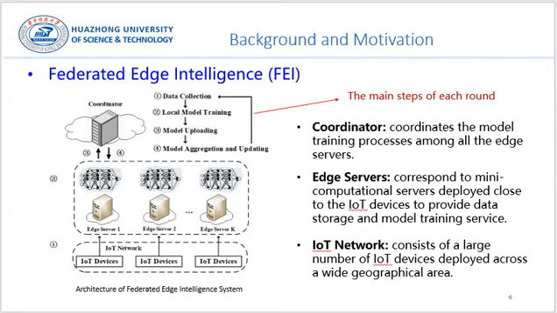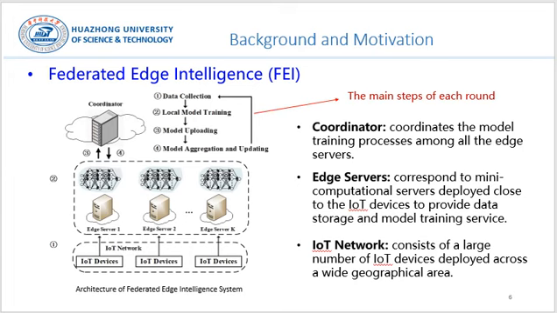Our federated edge intelligence system consists of three main components. The coordinator coordinates the model training process among all edge servers. It can be deployed at the cloud data center or one of the edge servers.